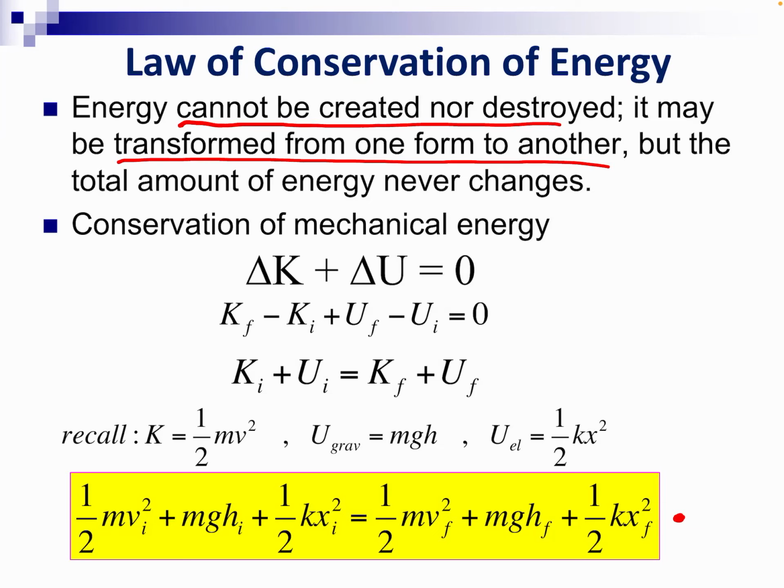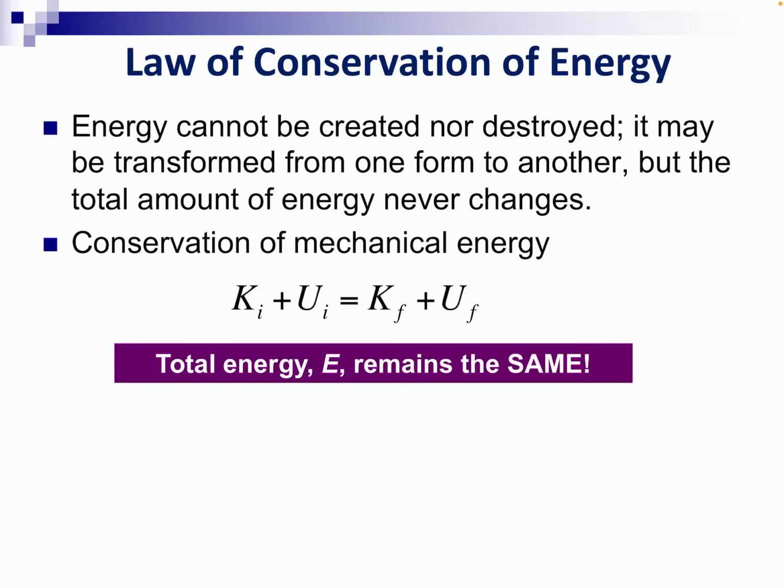But let me also point out that when we say energy is conserved, that also means that the total energy in the system should not change, right? The total energy should remain the same. It's just being converted or transformed from one form to the other, from potential energy to kinetic energy or vice versa, right?